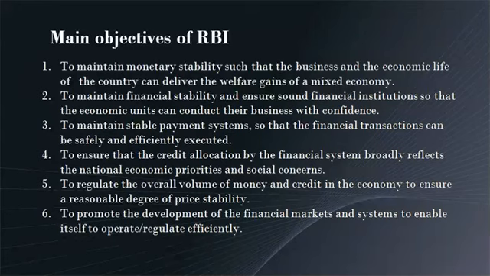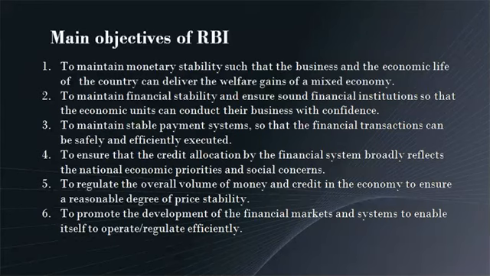And fifth is to regulate the overall volume of money and credit in the economy to ensure a reasonable degree of price stability. The volume of money is also regulated by the RBI. They increase or decrease the interest rate, increase the repo rate and reverse repo rate, and increase the CRR and SLR requirements of the banks.